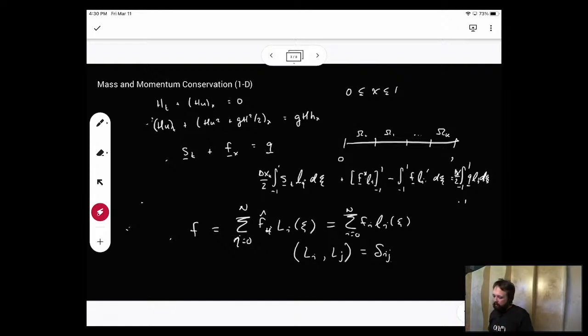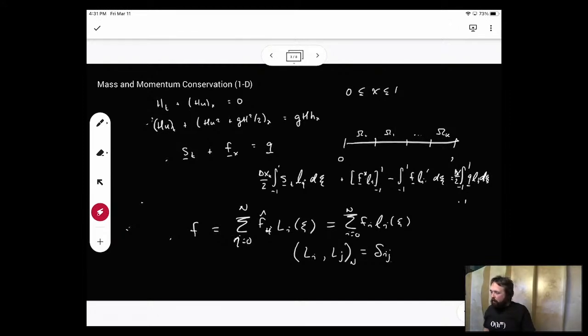It's the error you incur in evaluating L i, L j as a discrete inner product. But the reason you end up sticking with Lagrange interpolating polynomials is really because they have this Kronecker delta property when you go through the derivation, so you get nice and easy to work with mass matrices that are diagonal. This definitely is a choice for computational efficiency.